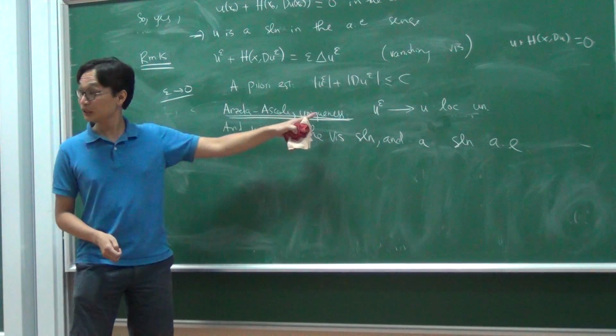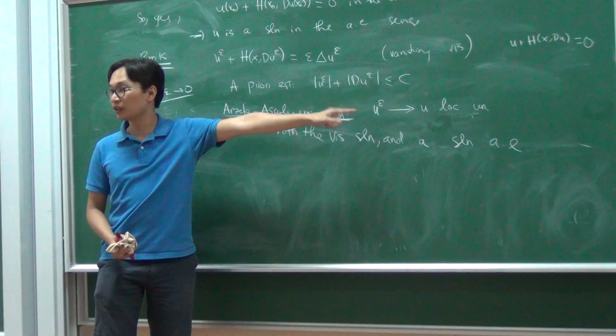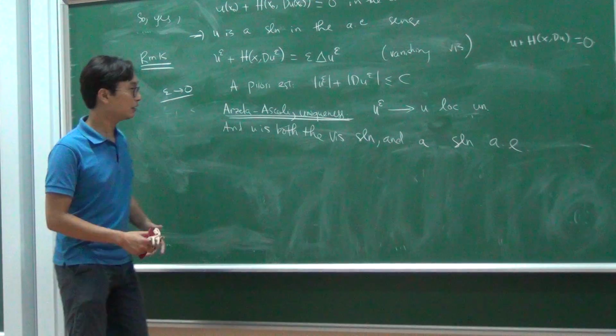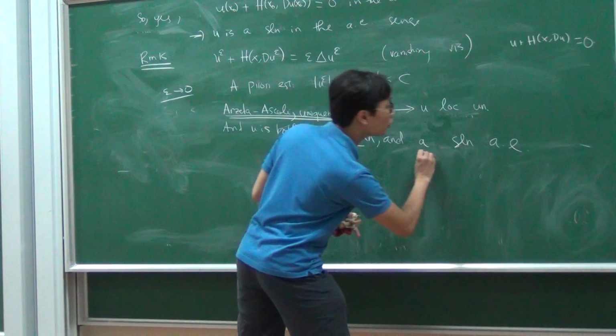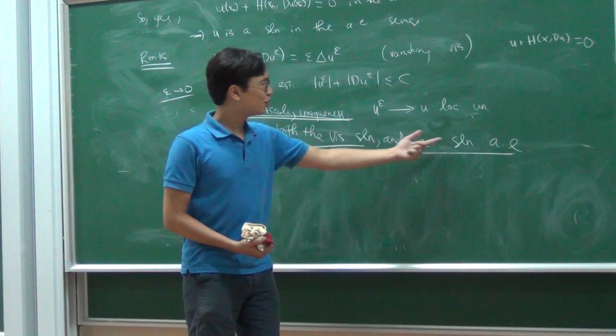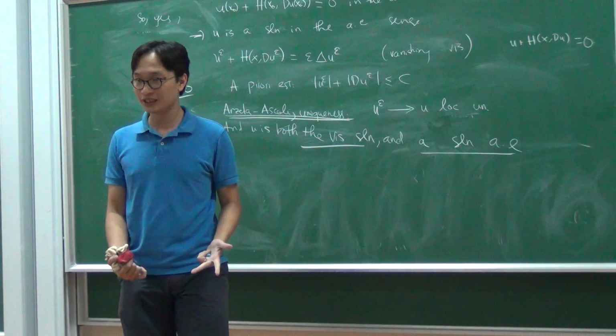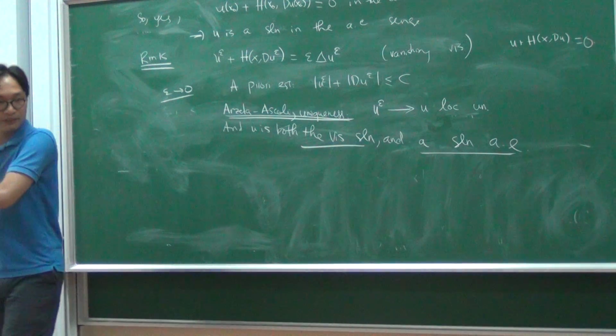But here I use this result. We only have convergence along a subsequence. It's not easy. And here u is both a viscosity solution and a solution almost everywhere. But you see the device we use to prove that it's a solution almost everywhere is weird. It's not coming from the PDE. It's coming from a different device that you define.